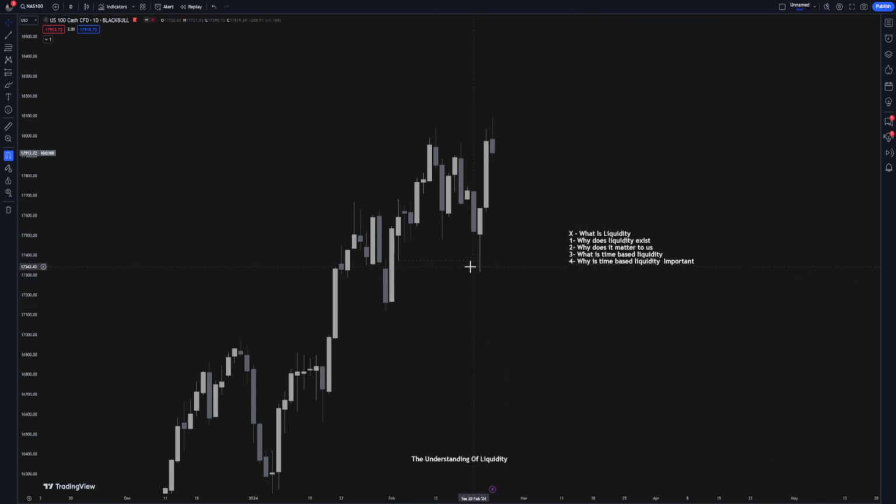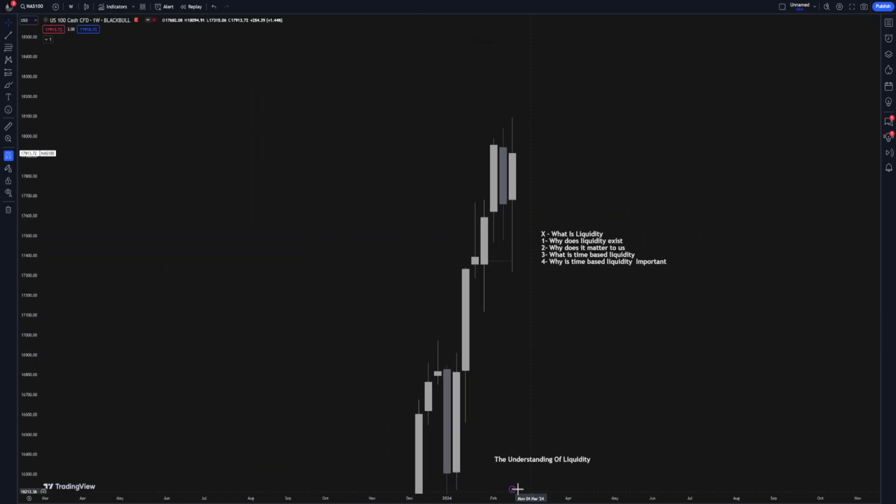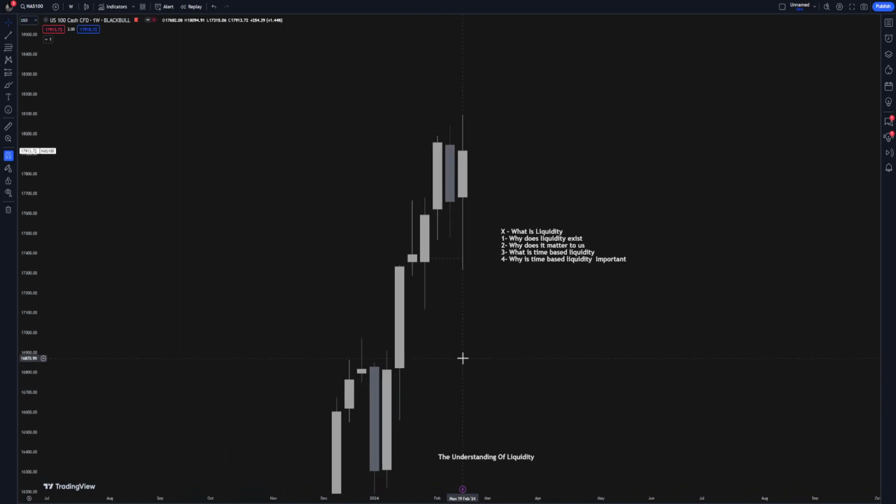Time-based liquidity matters, such as previous days' highs and lows, or a better example would be previous week's highs and lows. Imagine you're sitting at home and you suddenly hear that Bitcoin has been going lower than its lowest price previous week, or like last week.